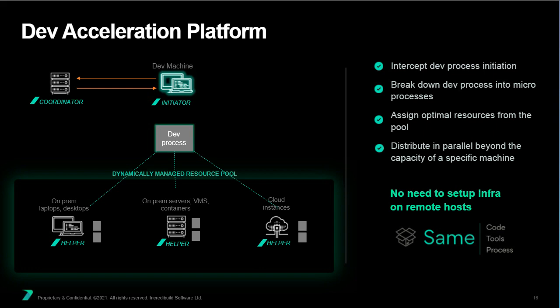This is the parallelization across the multiple systems or the networks that you have. But really the secret sauce here is that there is no need to set up any sort of infrastructure. It's the same code, your same tools, your same resources.